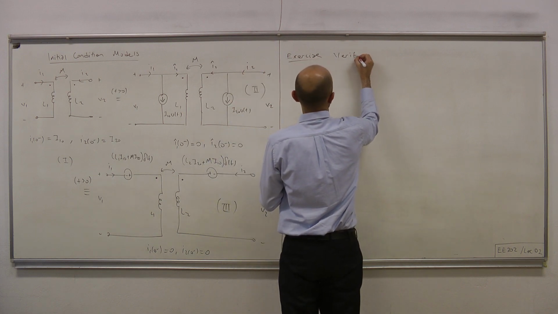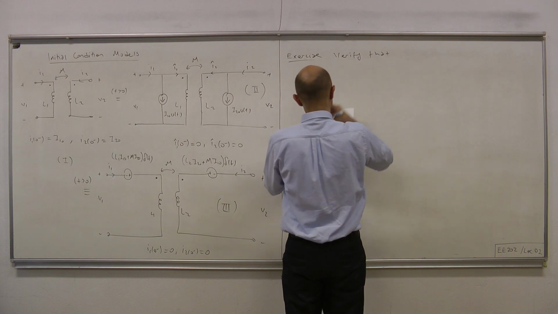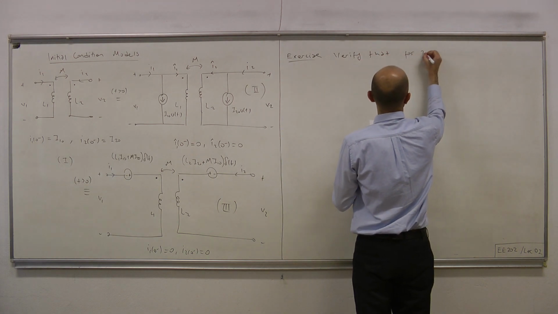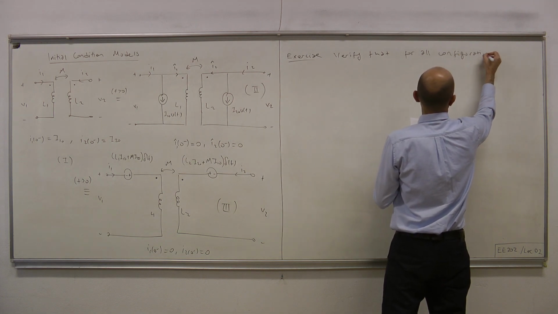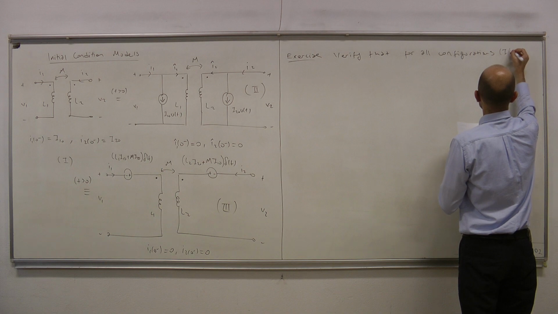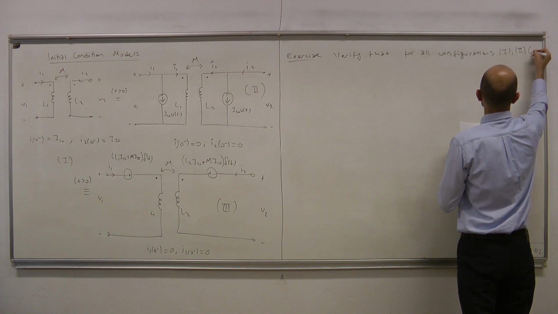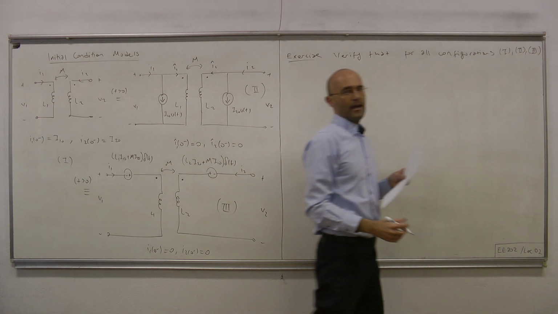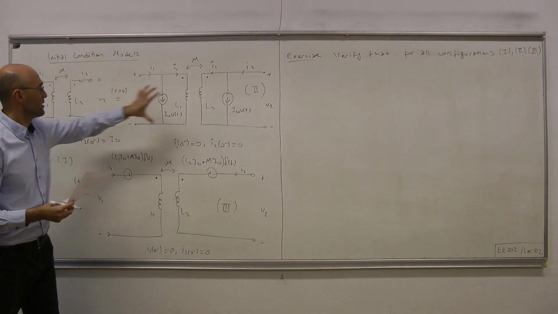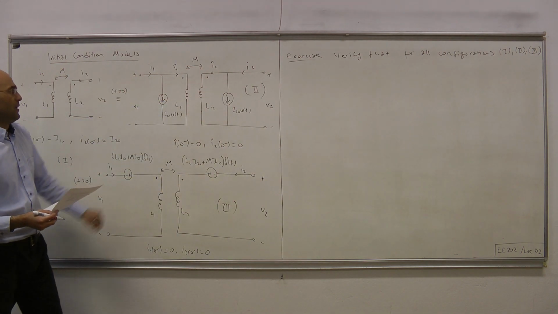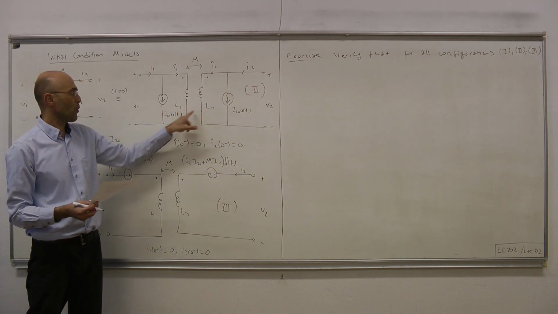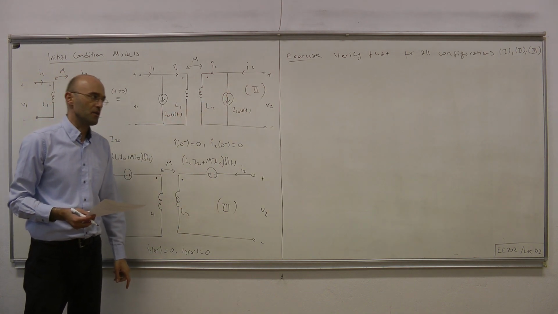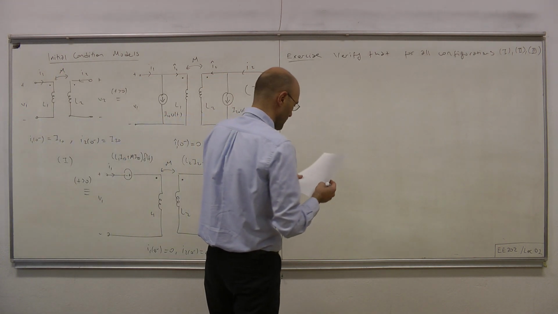So let's put that as an exercise: verify that for all configurations 1, 2, and 3, the important thing about 2 and 3 is that in those coils we have no initial currents, or zero initial current.